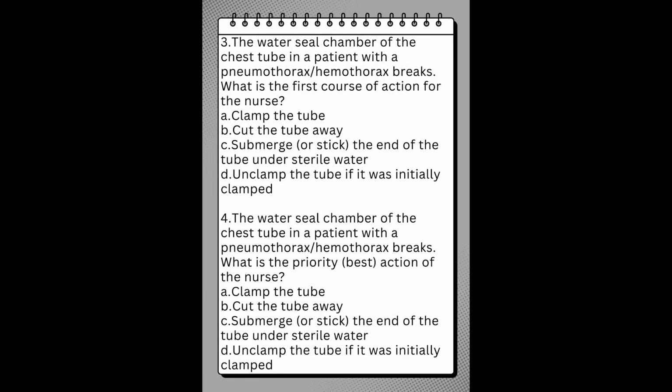Moving on to number three. The third question says the water seal chamber of the chest tube in a patient with pneumothorax and hemothorax breaks. What is the first course of action for the nurse? A. Clamp the tube.